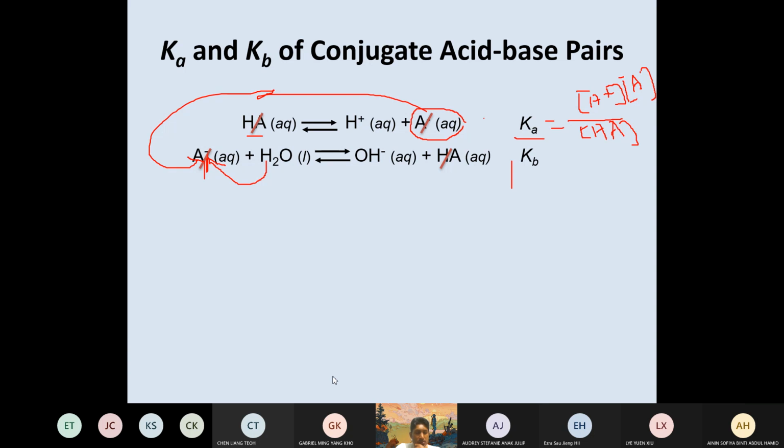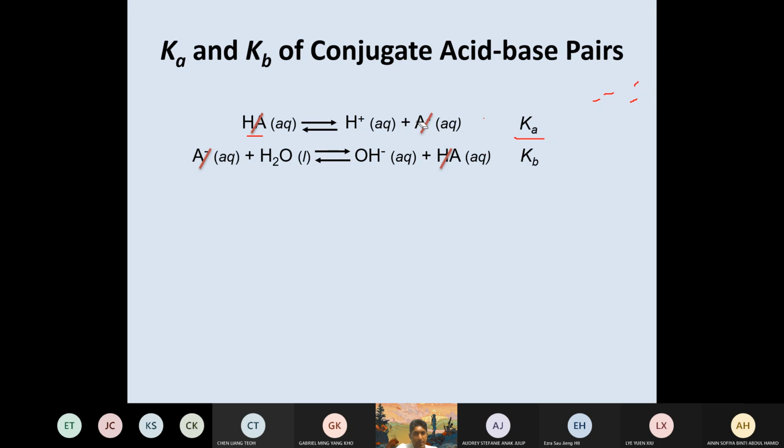Another interesting thing is that if we sum these two up, we can cancel out the ions from both sides, and water is left at the end.